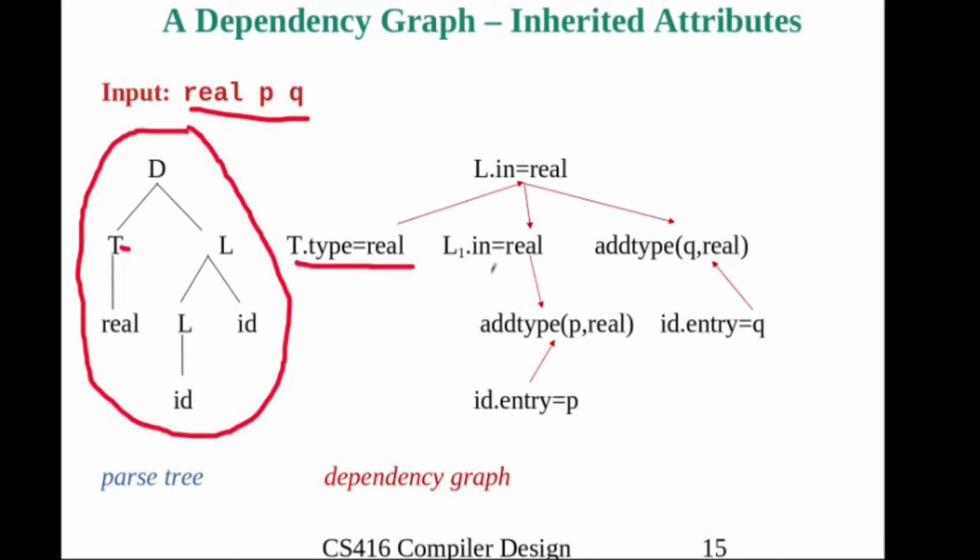Then look at L dot in is equal to real. So it is obtained from T dot type. L dot in is equal to T dot type. Then look at here. L1 dot in is obtained from L dot in. That is, this attribute value is obtained from its parent.